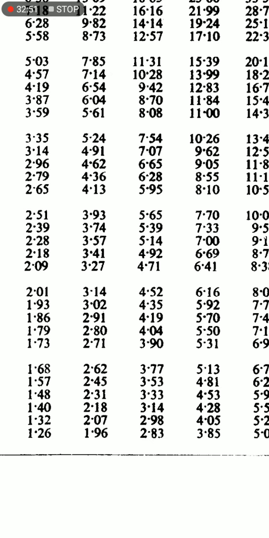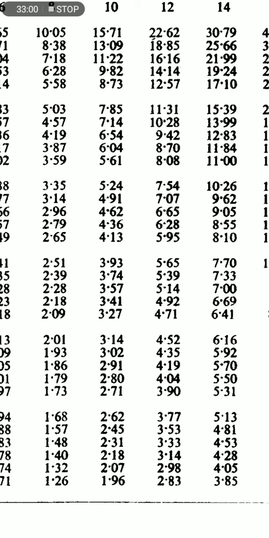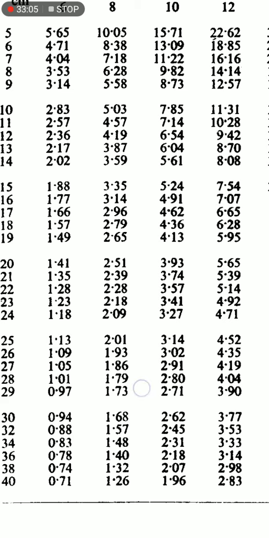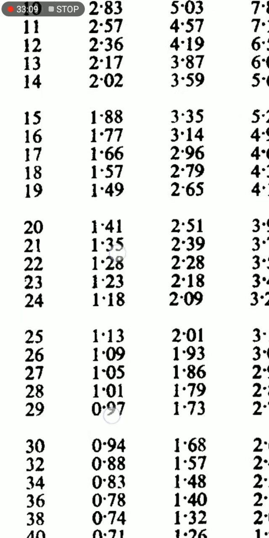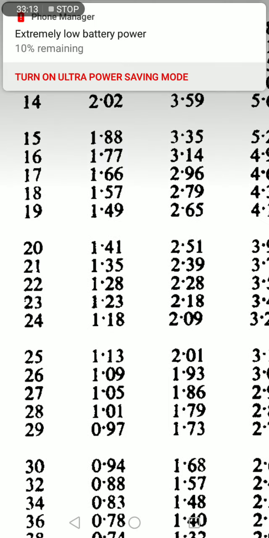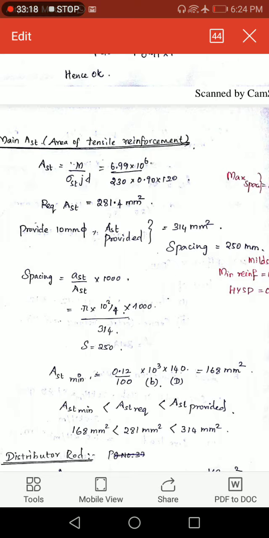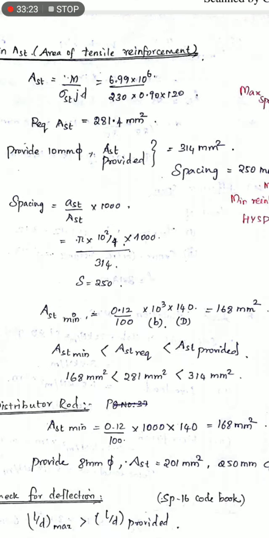You can choose any value which is greater than required AST. So I choose 3.14 centimeter square, that is 314 mm square. The corresponding spacing value equal to 25 centimeter, which is nothing but 250 mm.